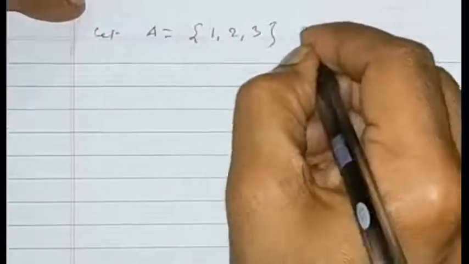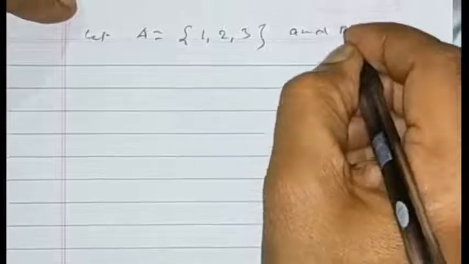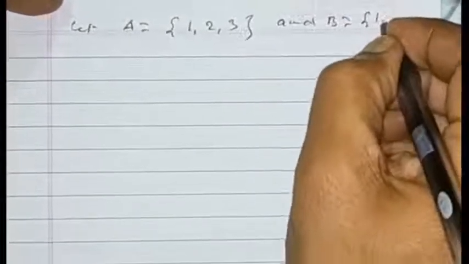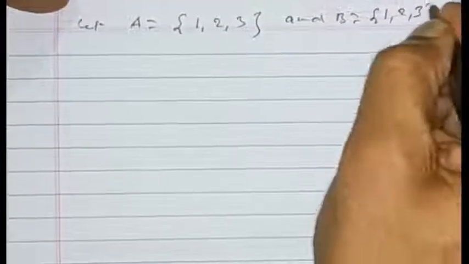Now first of all, we define A cross B. How to find A cross B of two sets? Suppose A is a non-empty set and B is another non-empty set. How to find A cross B? Let A equal the set {1, 2, 3} and B equal {1, 2, 3}.